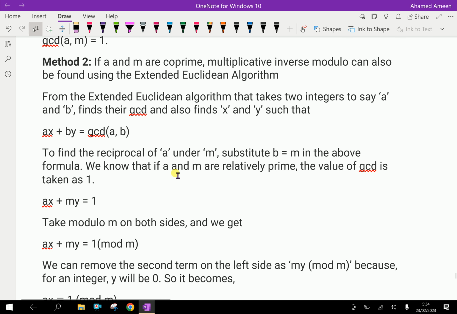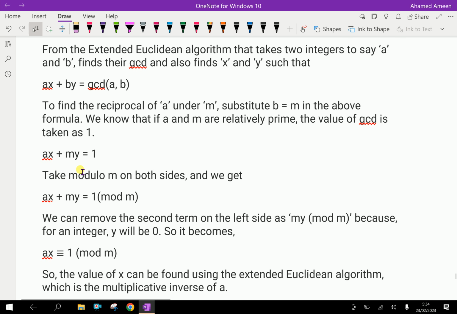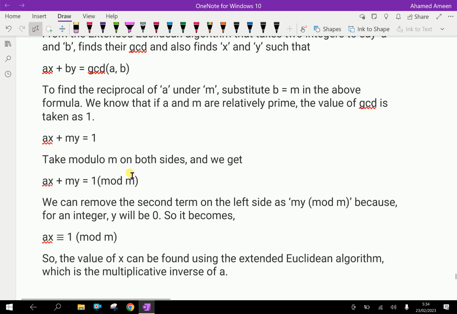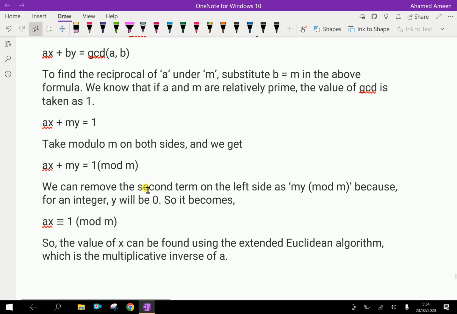To find the inverse of a modulo m, substitute b equal to m. If a and m are relatively prime, the GCD is 1. Therefore, ax plus my equals 1. Take modulo m on both sides and we get ax plus my congruent to 1 mod m.